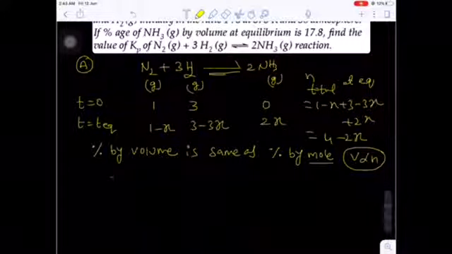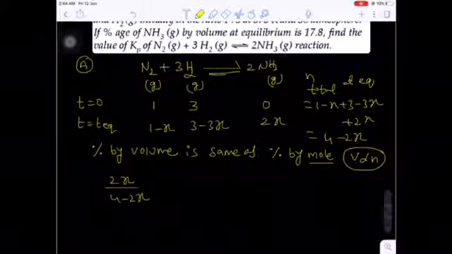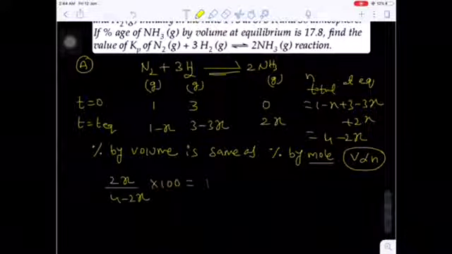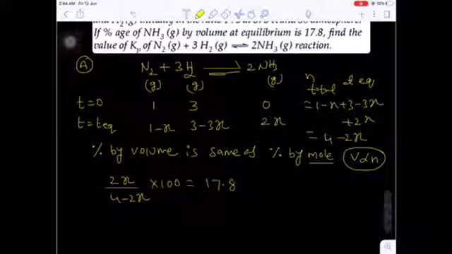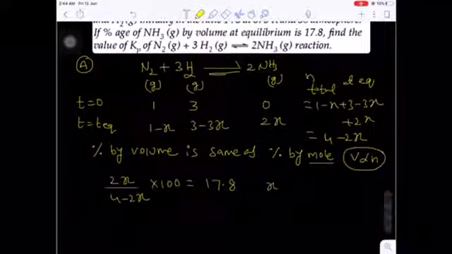Now, what is the number of moles of ammonia? 2x. Divided by total moles, 4 - 2x, multiplied by 100, is equal to 17.8, which is given in the question.